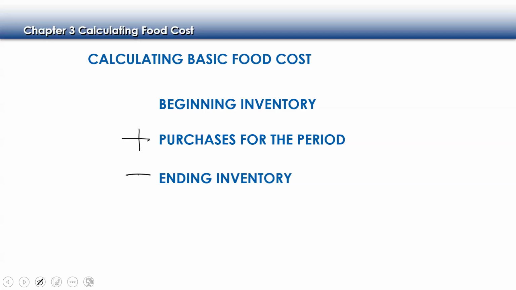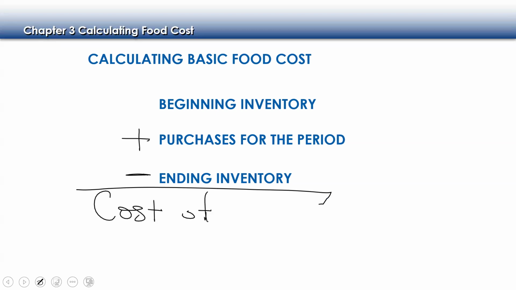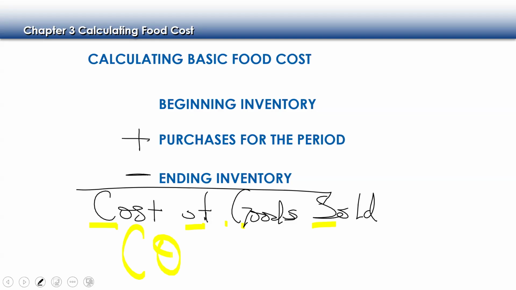So we're going to subtract the ending inventory. And that's going to give us our cost of goods sold. Cost of goods sold. Okay. Our cost of goods sold is also known as COGS, COGS.